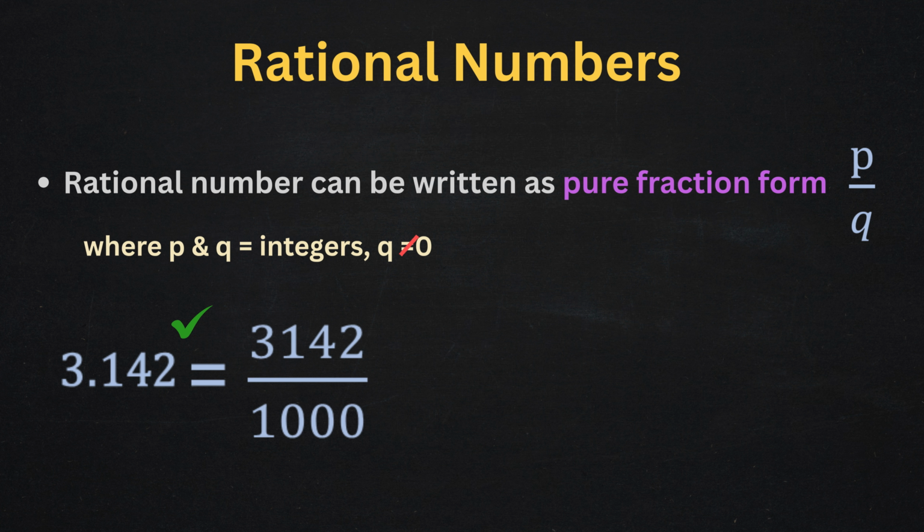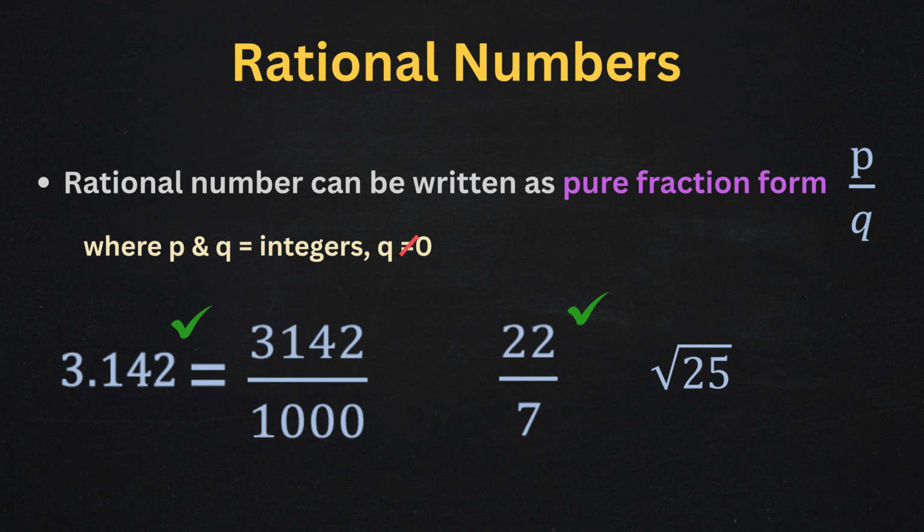Now let's take a look at 22 by 7. Again, you may think it is pi, but it is not. It is a value close to pi in fraction form. So neither 3.142 nor 22 by 7 is pi. Coming back to 22 by 7, since we have two integers in pure fraction form, 22 by 7 is a rational number.